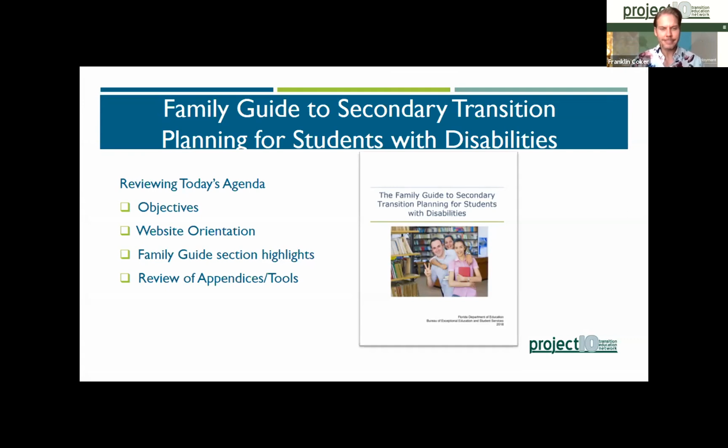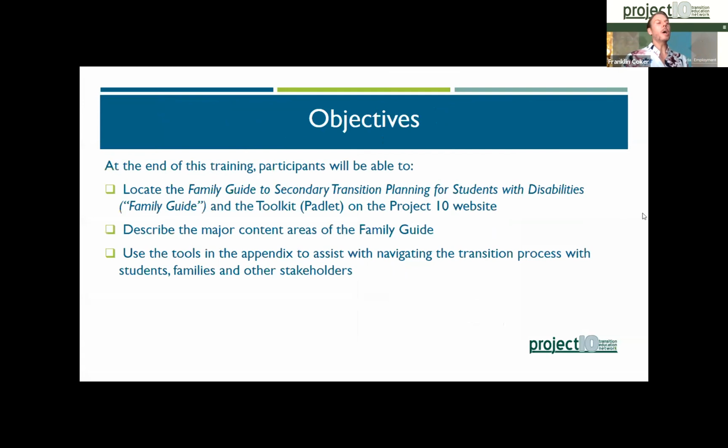Okay, excellent. All right, so a couple of objectives, just because that's how we roll with Project 10. We formalize what we want you to learn by the time we're done presenting information, and that is this. We want you to be able to locate where the Family Guide to Secondary Transition Planning for Students with Disabilities is located. You're also going to identify where the toolkit, or what we call the Padlet, is on our website as well.